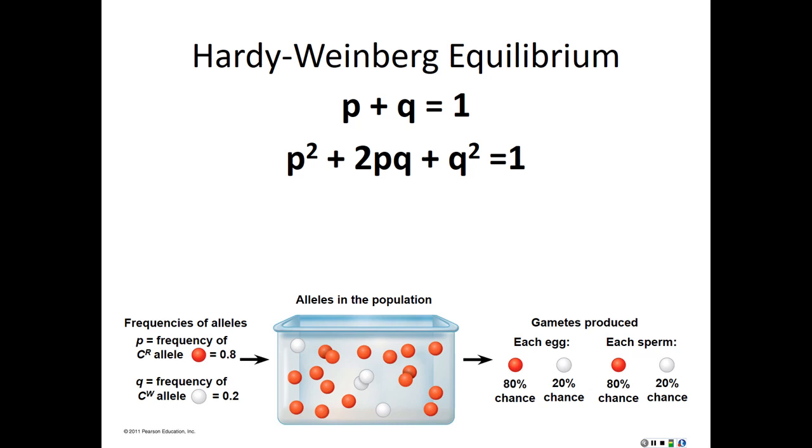Q squared is the frequency of homozygous recessive individuals. And 2PQ is the frequency of heterozygous individuals.